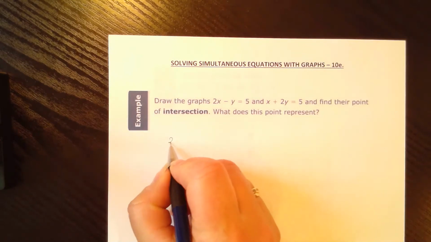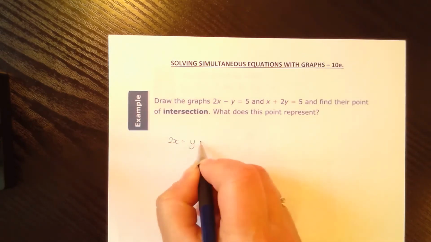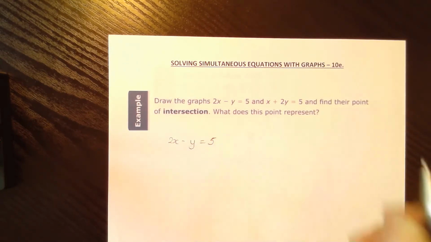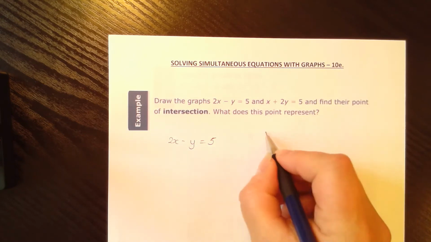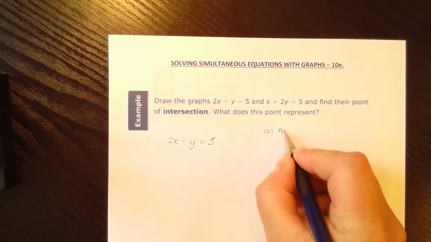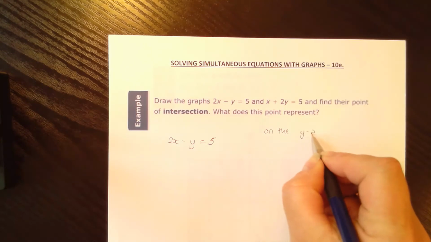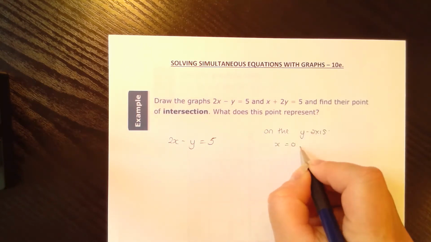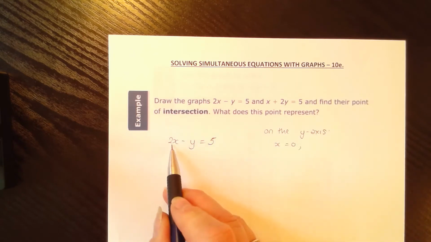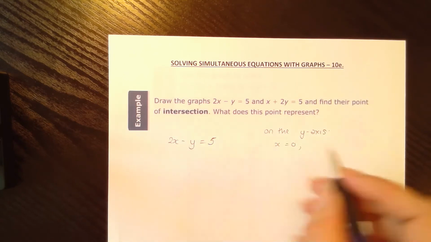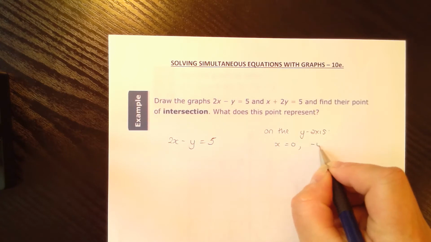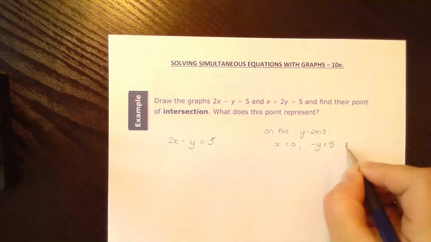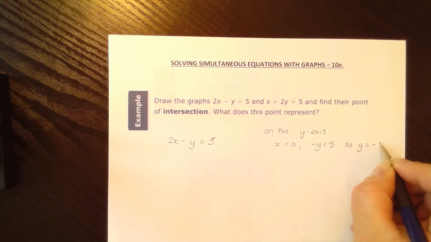So if I start with 2x minus y equals 5, on the y-axis x is equal to 0, and if x is equal to 0 I get negative y is equal to 5. So y equals negative 5.